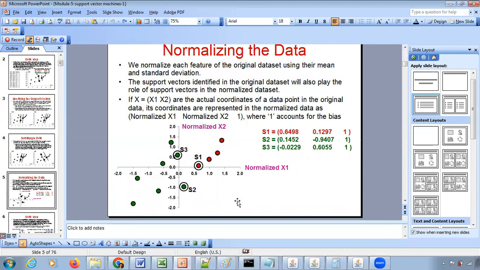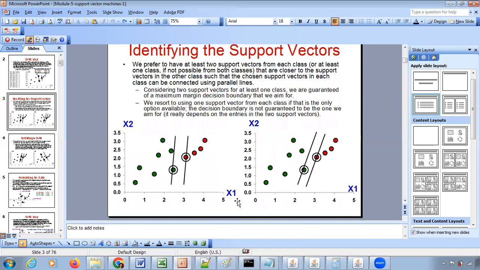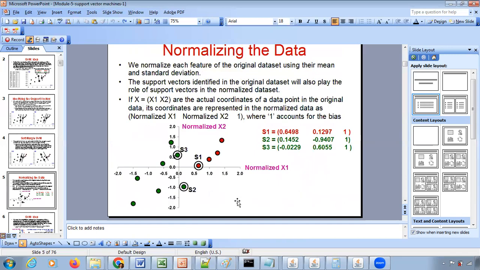The reason why we do the normalization is that the features in the raw data may be of different scales. One feature may be just from 0 to 1 or 1 to 2, whereas the other feature may be from 10,000 to 20,000 or so on.